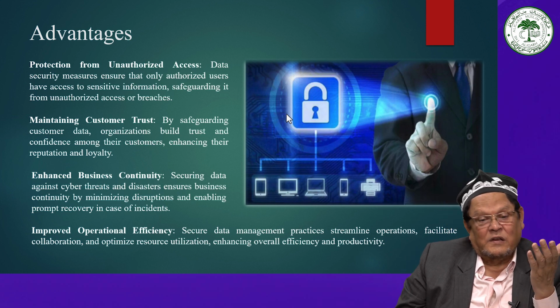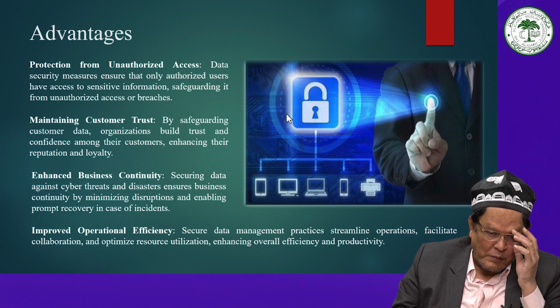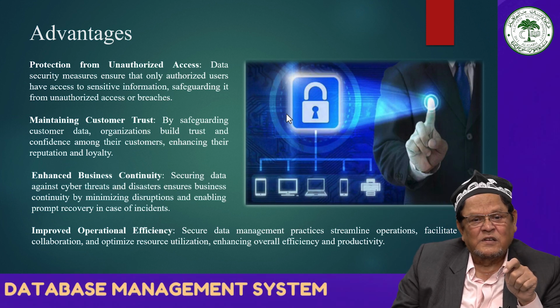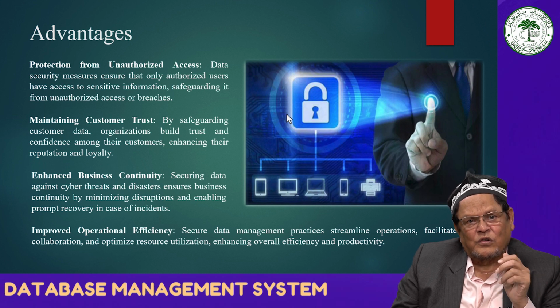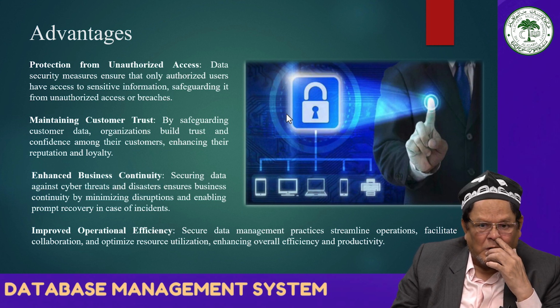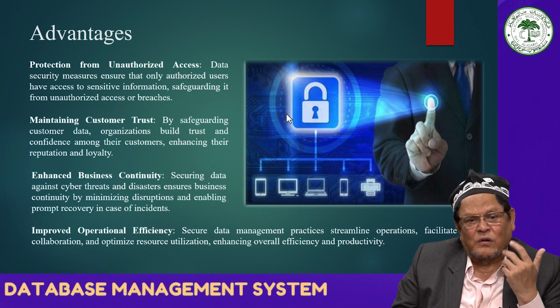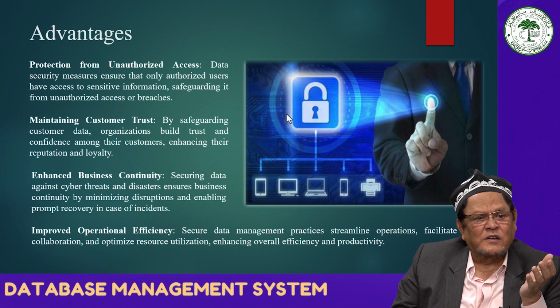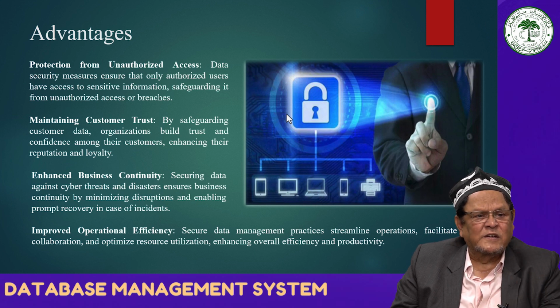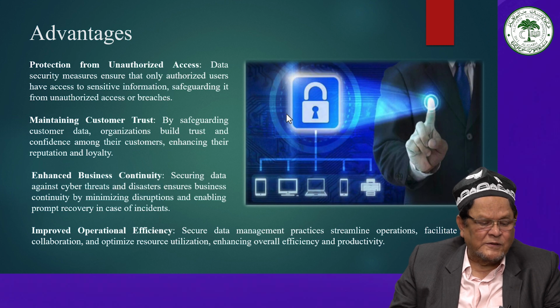In that, if you insert a password, then a message will come on your computer also. You have the keywords, and if you press yes, then the authorized person is able to use your computer. So these are the advantages: protection from unauthorized access, maintaining customer trust, enhanced business continuity, and improved operational efficiency.